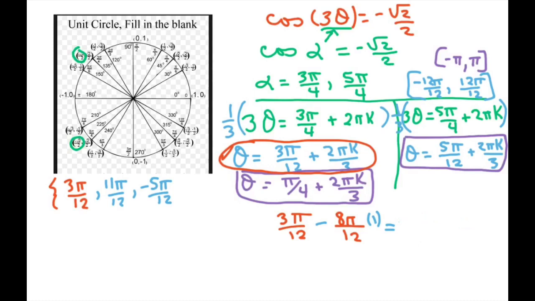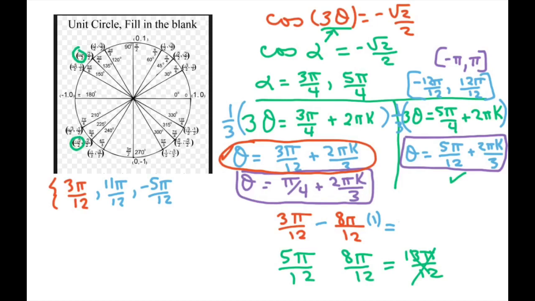Now let's deal with this side. I'm going to have 5 pi over 12 plus 8 pi over 12. And that equals 13 pi over 12, which is too big, because we can only go to 12 pi over 12. So I'm going to cross that one out. And let's try minus.